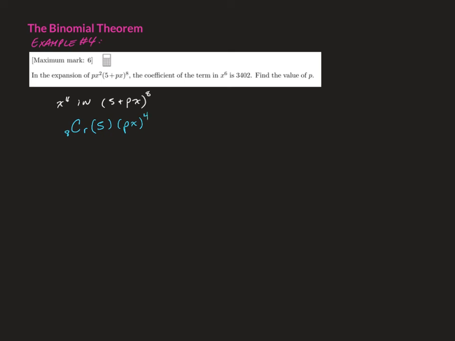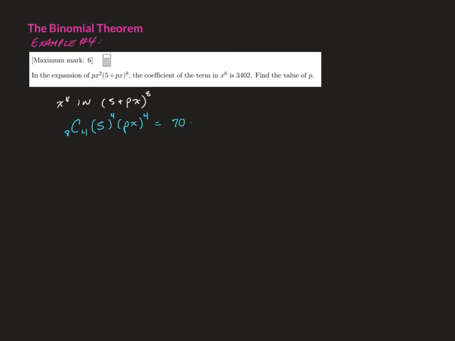So in that case, since the power of px has to be 4, then the power of 5 has to be 4 as well. And by extension, we know the value of r is also 4. Now what is this? We can calculate the value of 8 combination 4, and that is equal to 70.